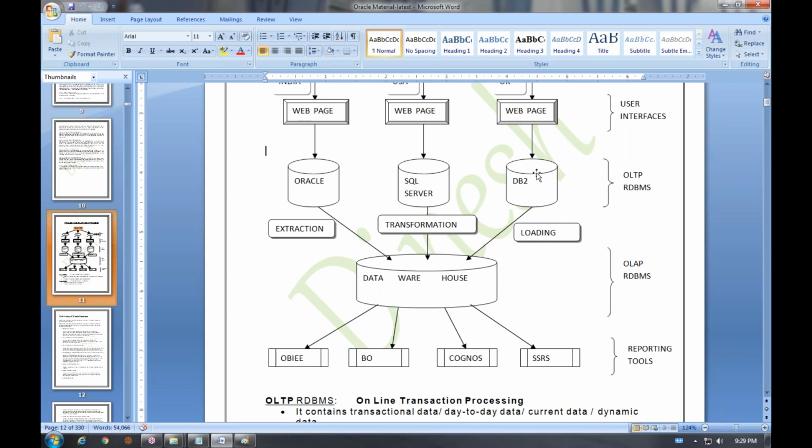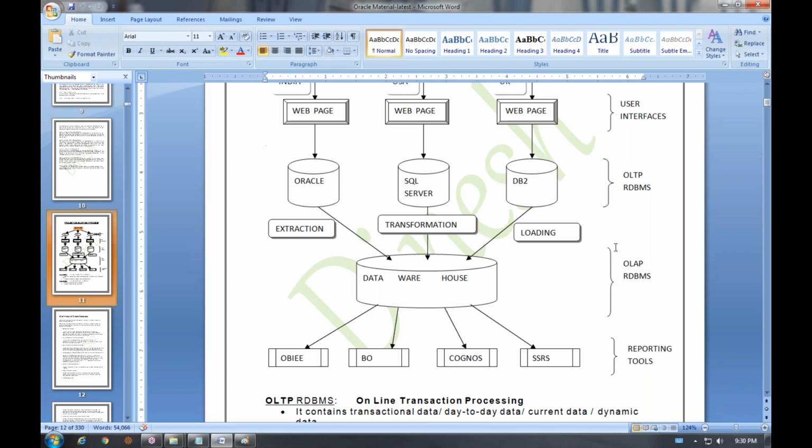Four RDBMSs. Instead of maintaining multiple RDBMS servers, can I do all these server jobs with only one database server? Yes. I hope you understand.